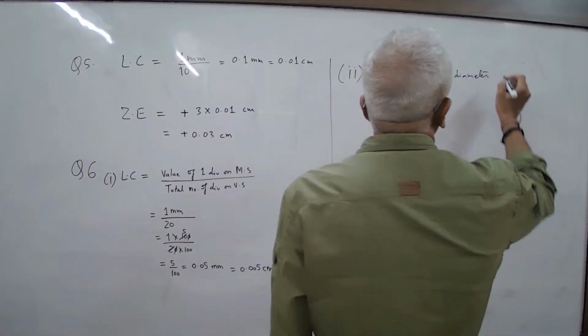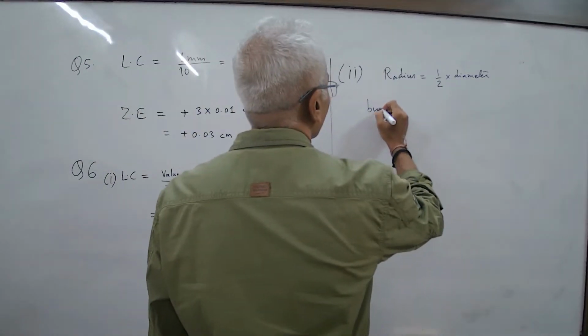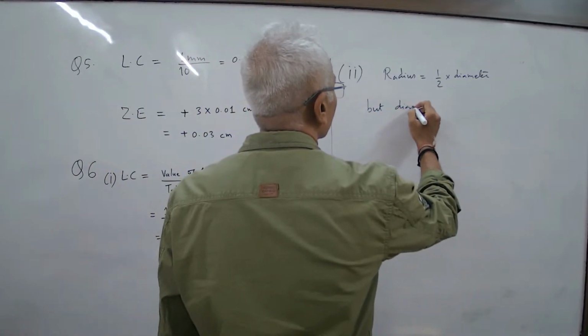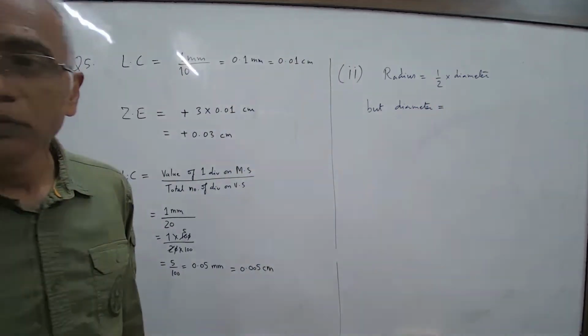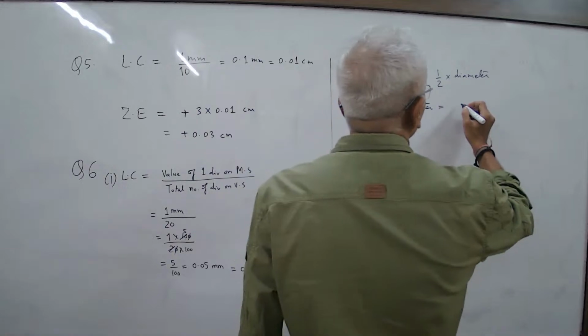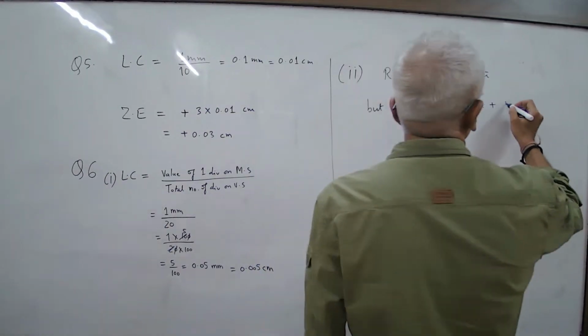This you know, right? But what is diameter? That is the measurement. Diameter is equal to main scale reading plus vernier scale reading.